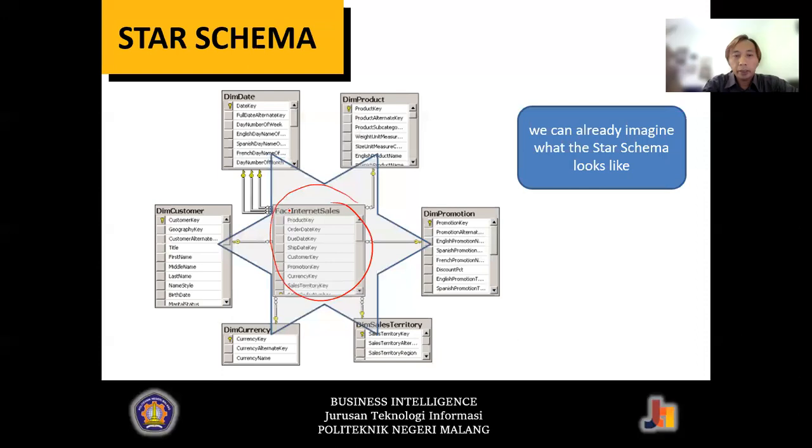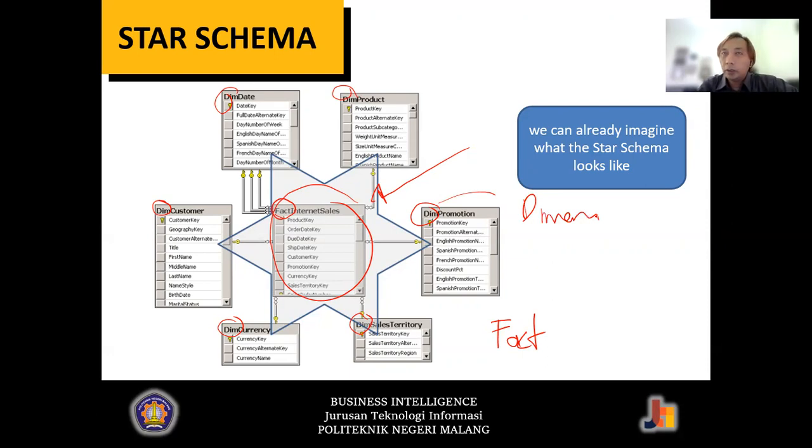So this is the main reason why the schema is called star, because the shape of the database looks like a star. And also, if you notice carefully, you will find that the table names are different. The middle table name starts with the word fact, and the outside tables start with the word dim, which stands for dimension.